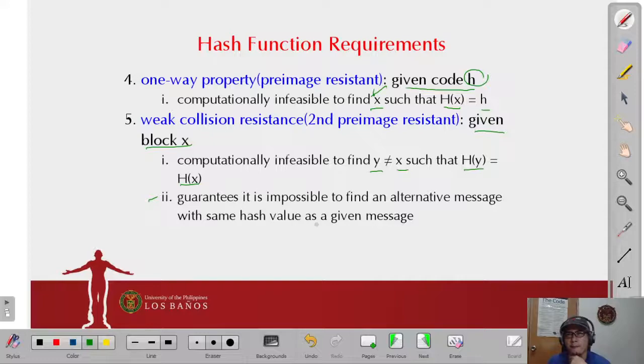For example, you have a document that says you're paying some large amount of money, and if you can generate the same hash and you change the amount to some other value, then this is a violation of this hash function property.